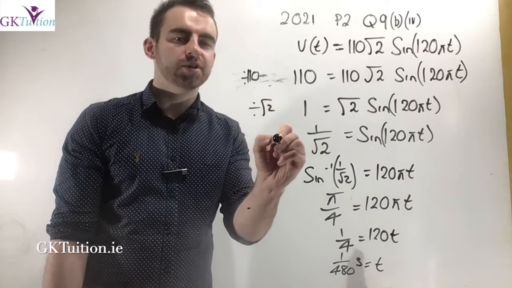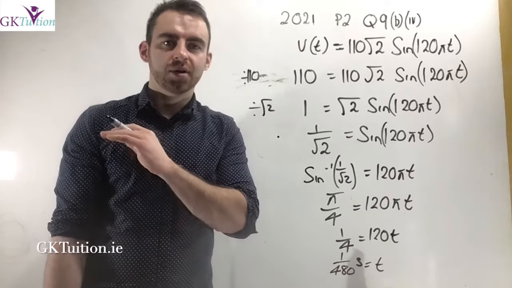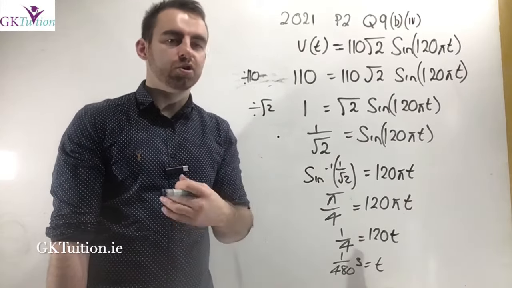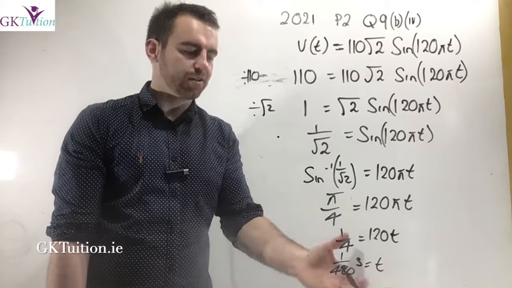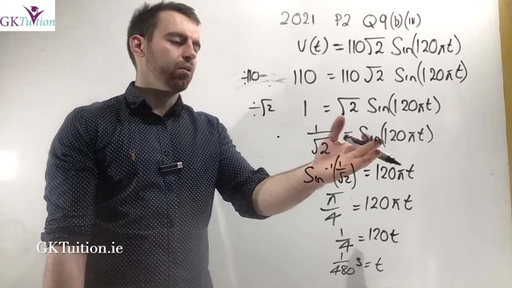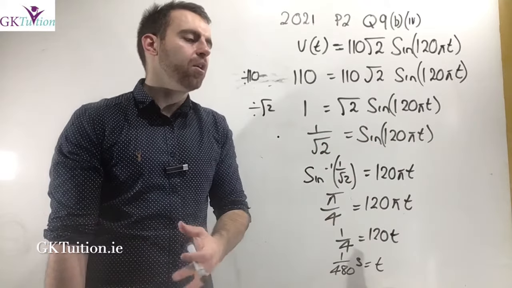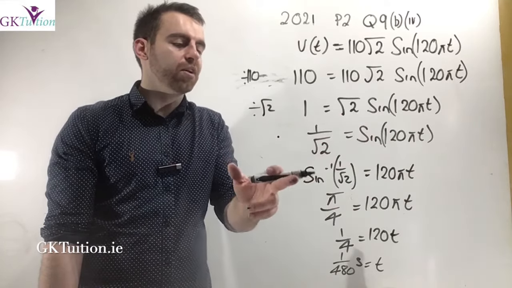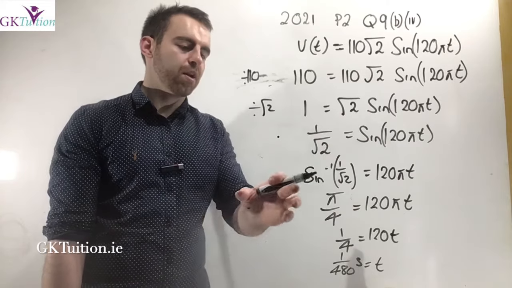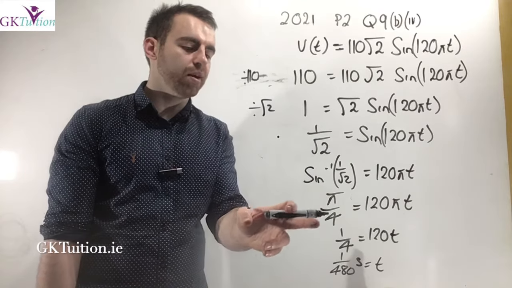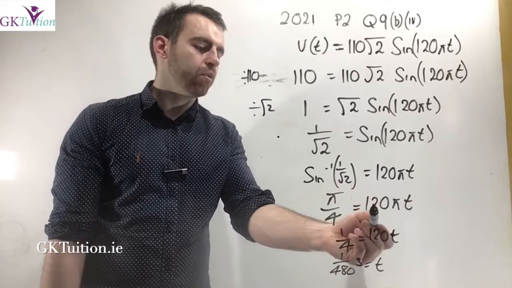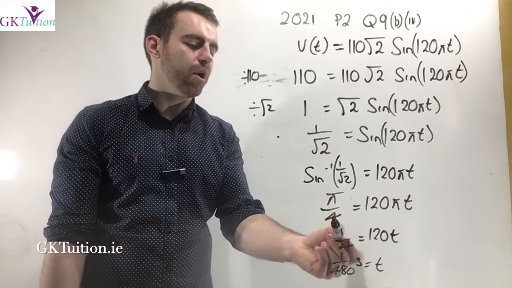However, because it says we only want one answer, don't bother with your unit circle, just get your reference angle and that's the answer you're going to use. So instead of worrying about quadrants and reference angles and all that jazz here, all we have to do is get sine inverse of 1 over root 2. And if you plug that into your calculator, it's pi over 4. And then I've 120 pi t equals pi over 4.